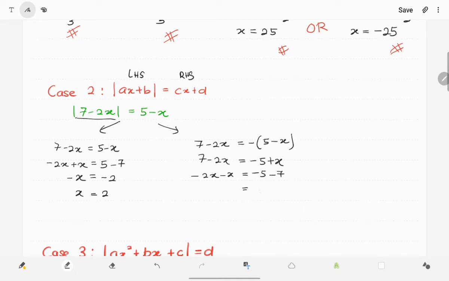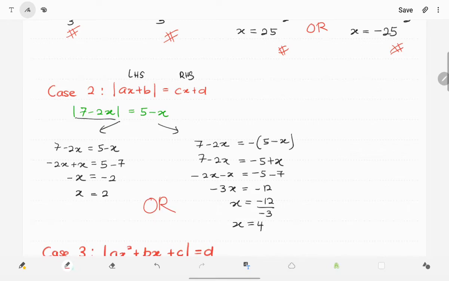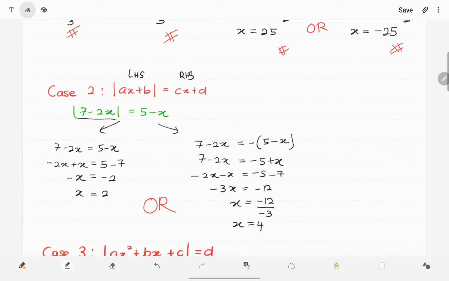So you will get -12 here. This is -3x. X is equals to -12 over -3. X equals to 4. Don't forget, write the answer "or" here. So you have two answers. Your answer would be x equals to 2 or x equals to 4. Okay, so this is your answer.